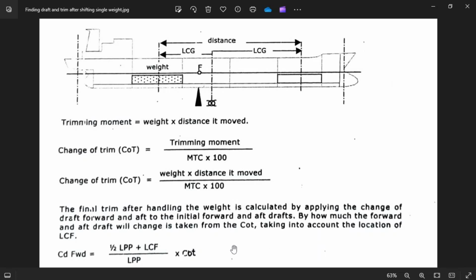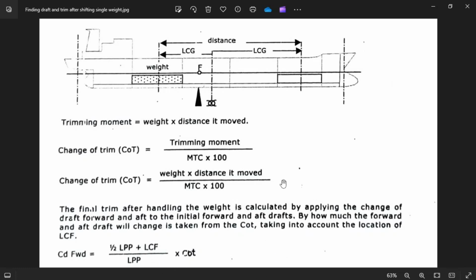How much the forward and aft drop will change is taken from the change of trim, taking into account the location of the LCF. So this is the formula for change of drop forward, which is one half of your LPP plus LCF over LPP times change of trim. Okay.